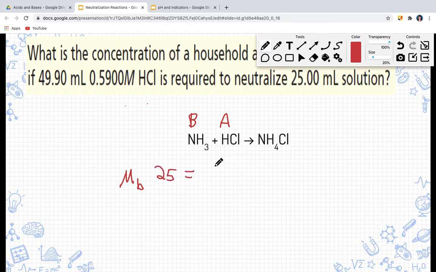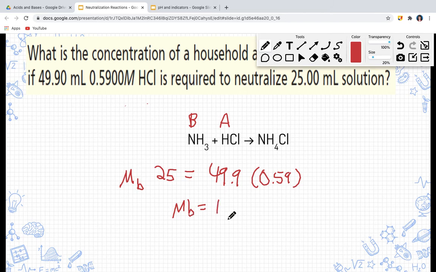That should be equal to 49.9 times 0.59. So Mb, if we carry that all out, is 49.9 times 0.59 divided by 25.